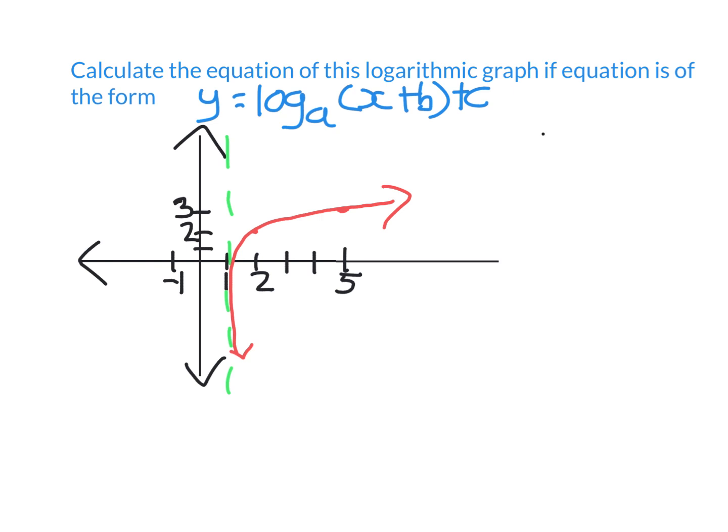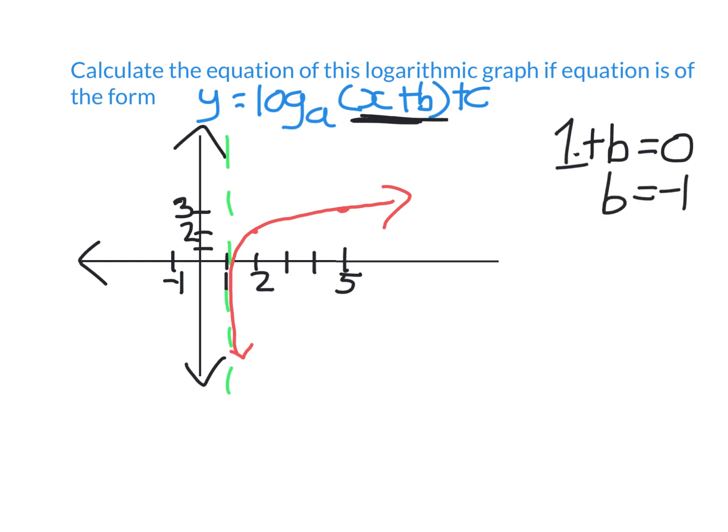See, the asymptote occurs when x equals 1. But the asymptote of any log graph occurs when this thing here equals 0. That gives us the asymptote because we can't have log base a of 0. So x plus b equals 0. We were told the asymptote occurs at x equals 1. That was given to us in the graph. So that, of course, means b is -1.